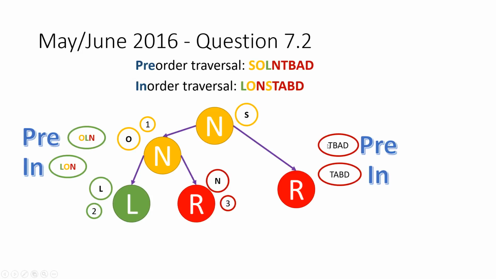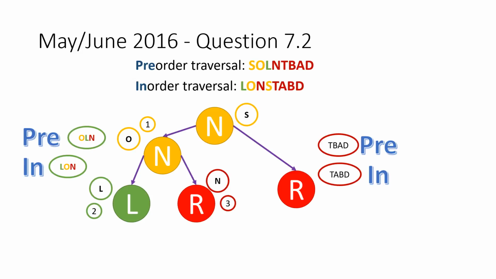Now on this side, we're a bit stuck, because now we've got TBAD and TABD. So if we take into consideration pre and in, we can see that T is over here, but there's no middle T over here. So now how do we deal with this thing?